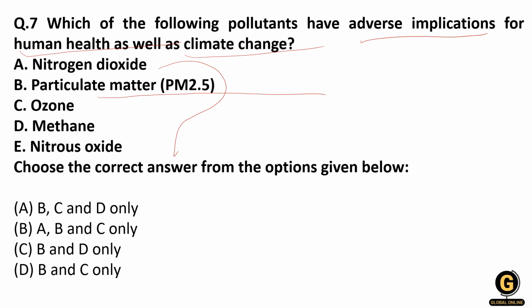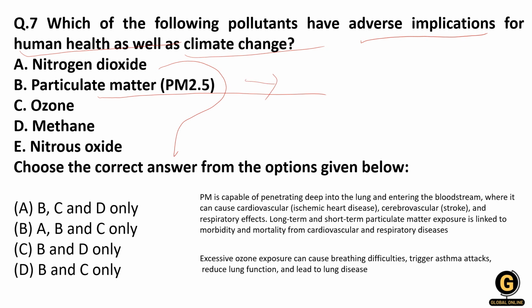So what happens if the particulate matter 2.5 level goes high? It causes several cerebrovascular and cardiovascular diseases, and it leads to morbidity and mortality from cardiovascular and respiratory disease. So it is a very important pollutant which causes an adverse impact on human health.